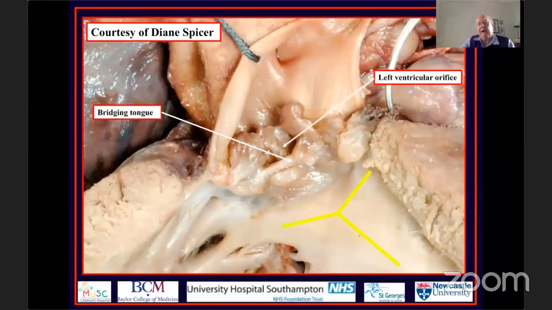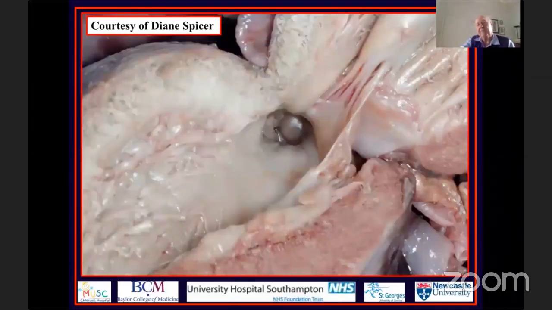And there behind the bridging tongue is the orifice coming out of the left ventricle. Note that the caudal limb of the septomarginal trabeculation in this heart is fused with the ventriculo-infundibular fold, producing a muscular posterior inferior rim, and that will protect the conduction axis.